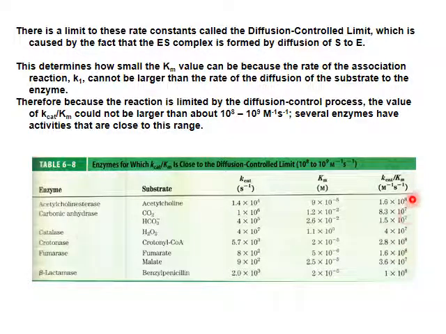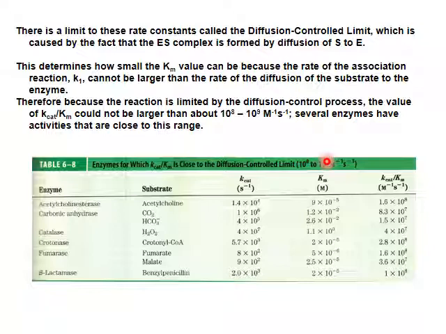All right. Now, in terms of theoretical limit, how fast can an enzymatic reaction go? Notice that the ones that are on the top are 10 to the 8th, and they kind of hover there pretty much the same. And that's because how fast can you bring two things together in aqueous solution?